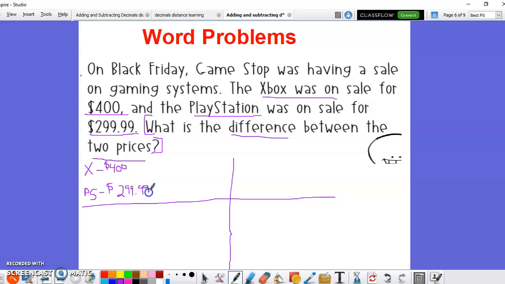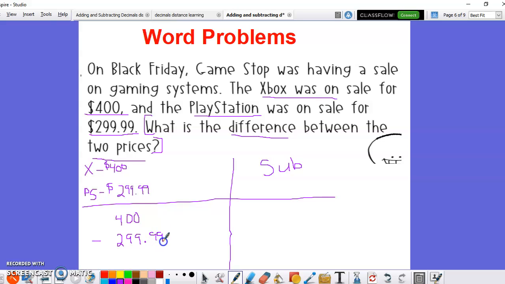Label my data. So now we are looking for the difference, and so we know that difference means that we are going to subtract. So my strategy is that I'm going to subtract. And so when I think about $299.99, which one is larger? 400 is the larger number. And when I put my $299.99, there's a hundreds place here, 9 decimal 99.